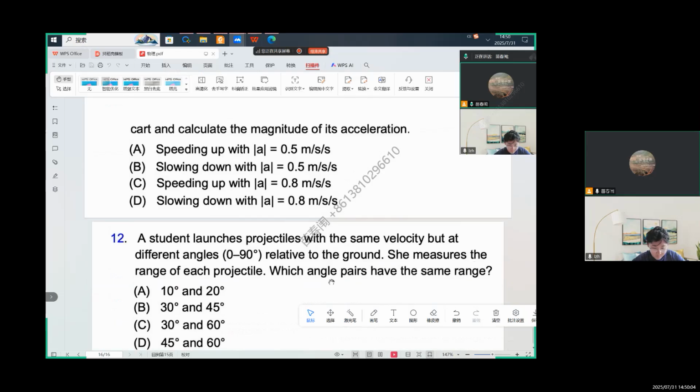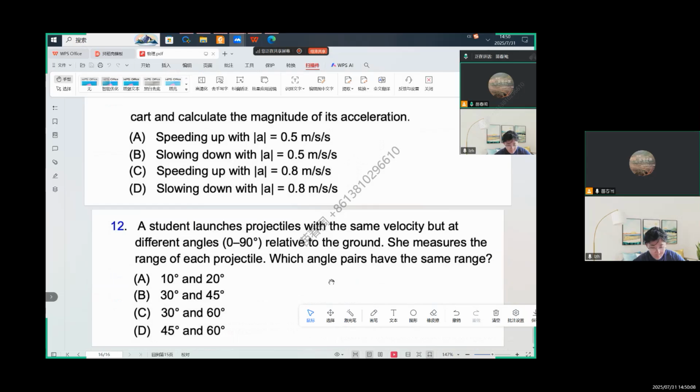So that's 16. That's the last question from your sheet. I'm going to use the formula that we used. Let's get 20, I mean 12 actually.